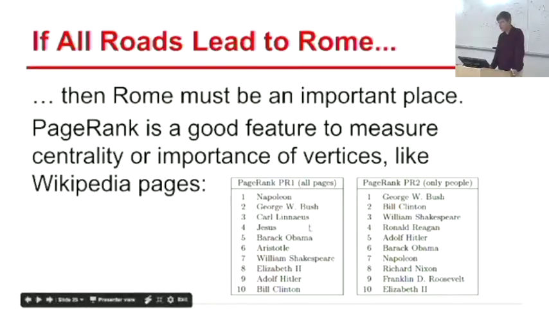Who was Carl Linnaeus? Does everyone know who Carl Linnaeus was? Not the microscope. He was the taxonomy guy, the guy who developed the way people classify species. Why is Carl Linnaeus such a big guy in PageRank? Every plant and animal links to him, anything that he gave a name to linked to him, right?